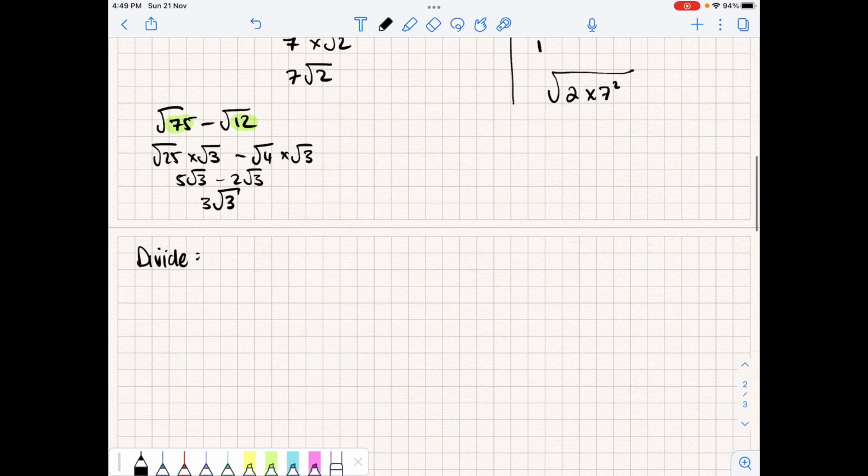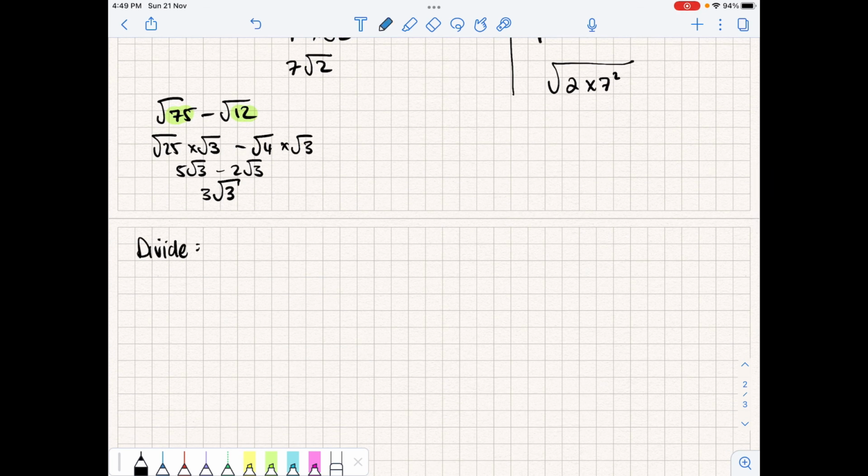Now, just like multiplication, we can also divide. There's also a similar rule when we are dividing surds. So if we have the square root of some number divided by the square root of another number, this can be expressed as the square root of these two numbers divided.